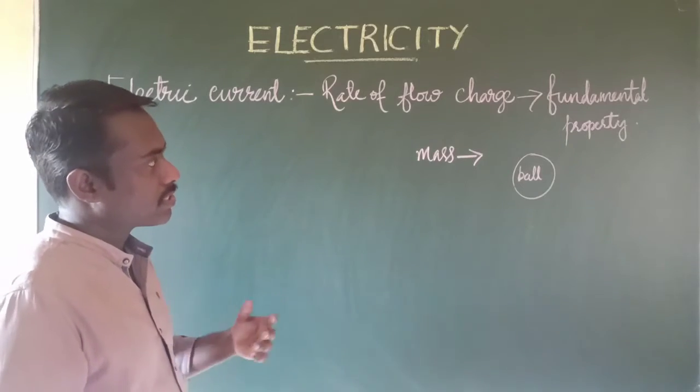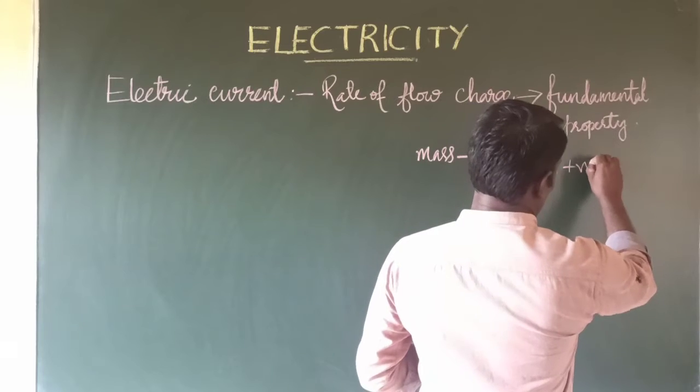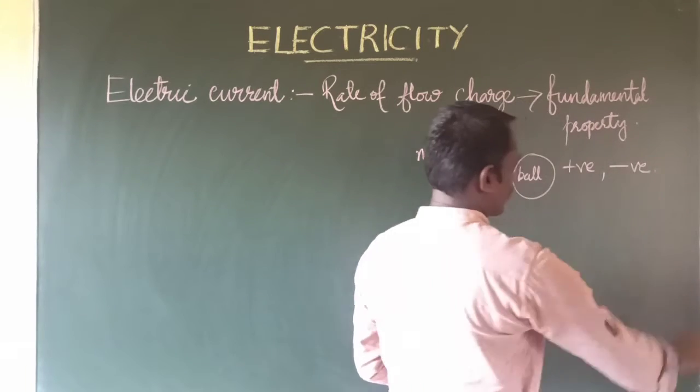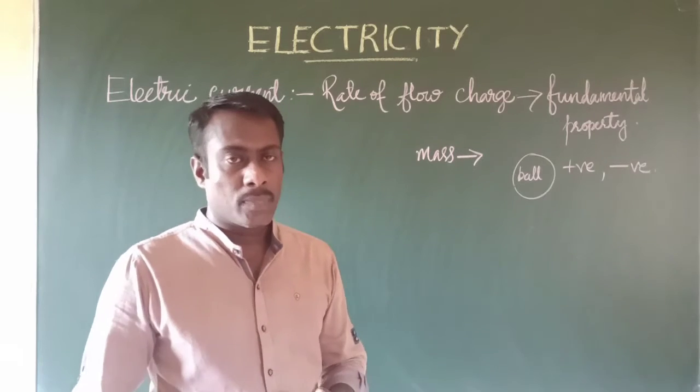As we already said, electric charges are of two types, positive and negative charges. How are the positive and negative charges formed?